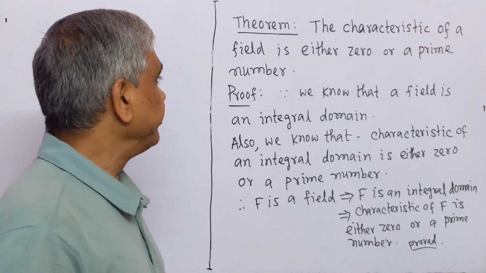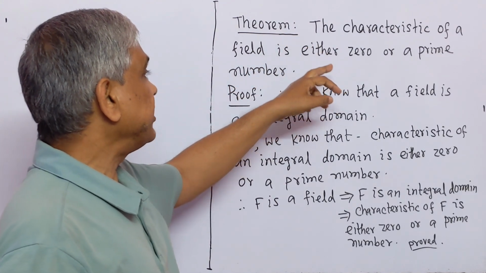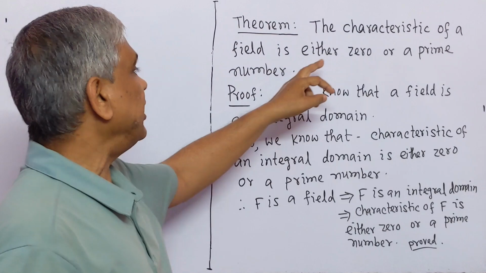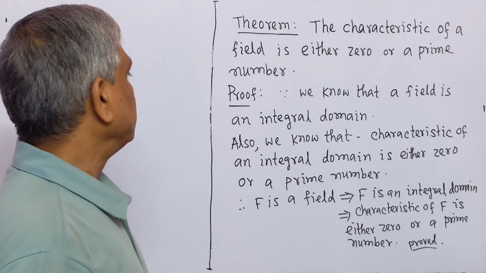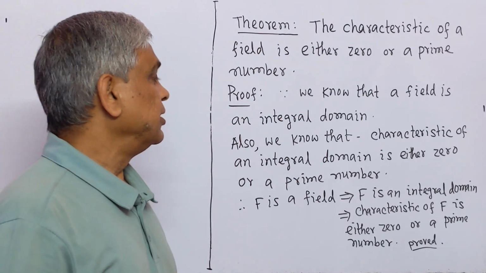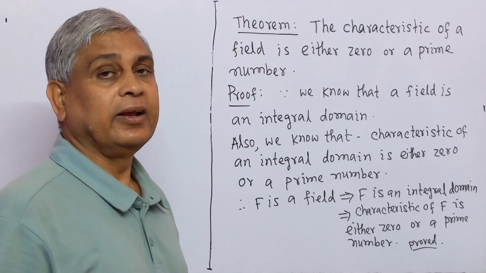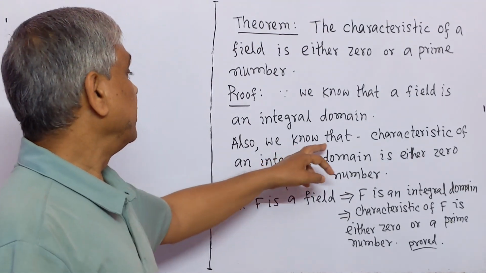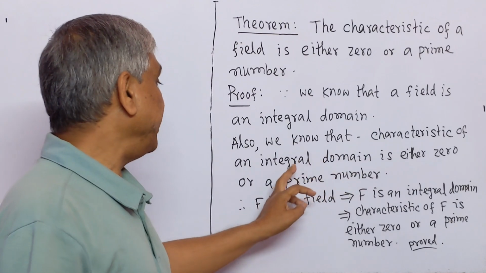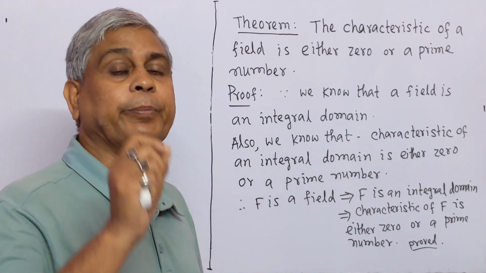Now we prove the next theorem. Theorem: the characteristic of a field is either 0 or a prime number. Since we know that a field is an integral domain, and also we know that the characteristic of an integral domain is either 0 or a prime number.